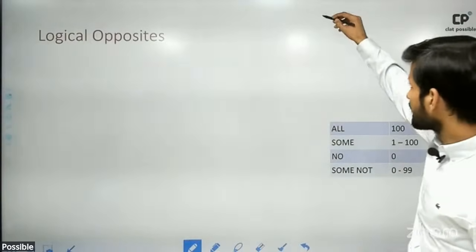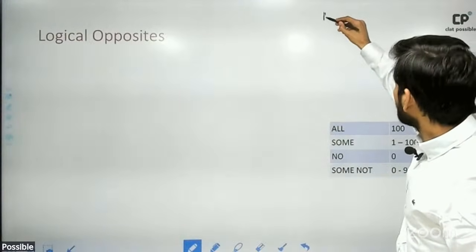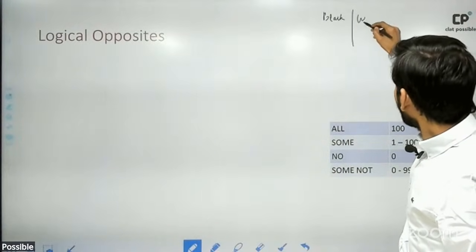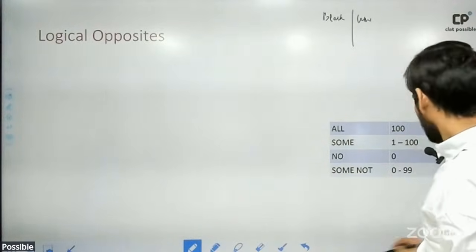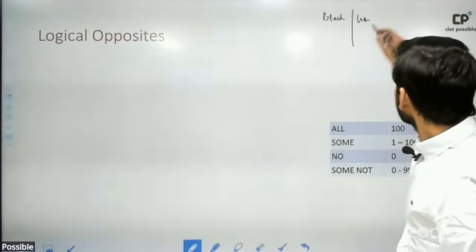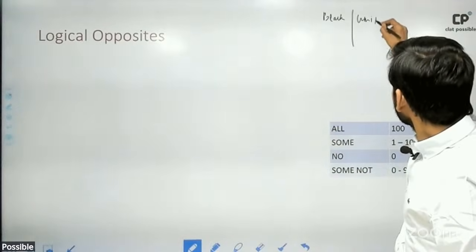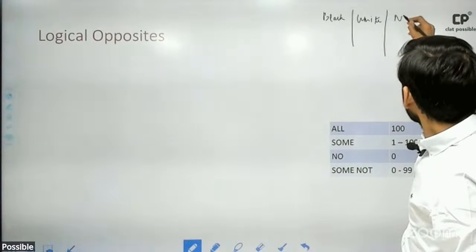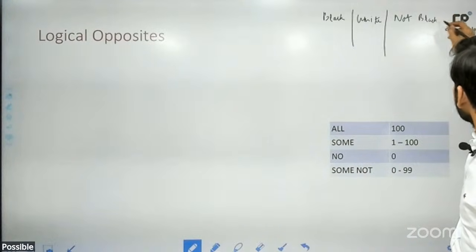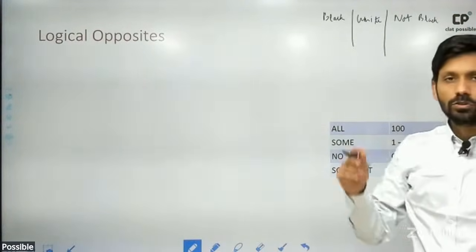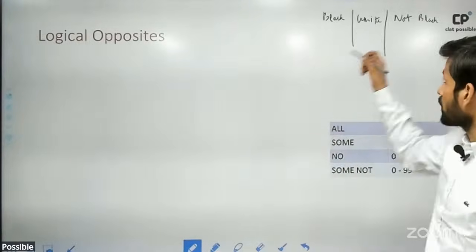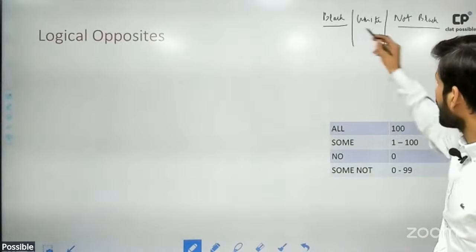So logical opposites is like, we are given black and white, and then not black. Okay, so black and white, polar opposites, hot and cold. Logical opposites, black and not black, right?